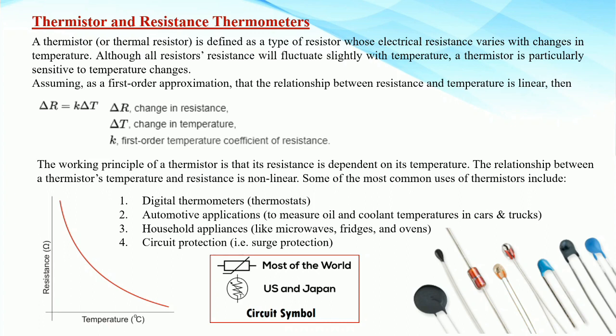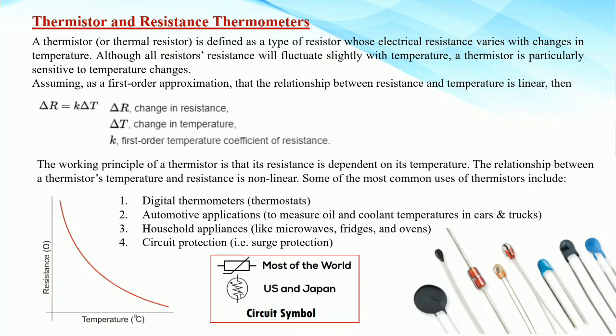Now, in the basic operation, there is a certain relationship between resistance and temperature, which is linear, as you can see in the curve on the bottom left, and the equation is delta R equals K times delta T, where K is the first order temperature coefficient of resistance.